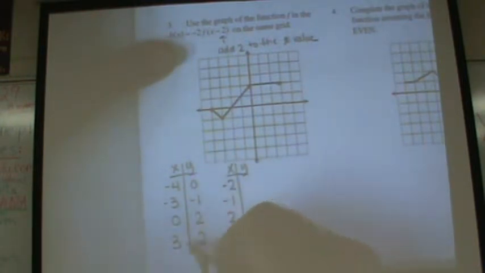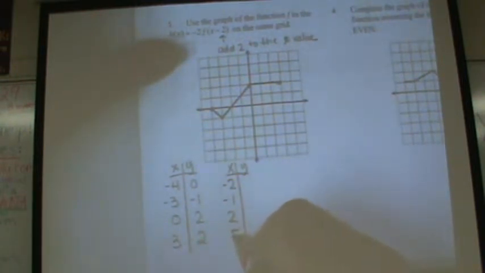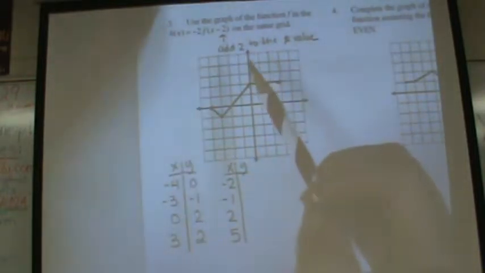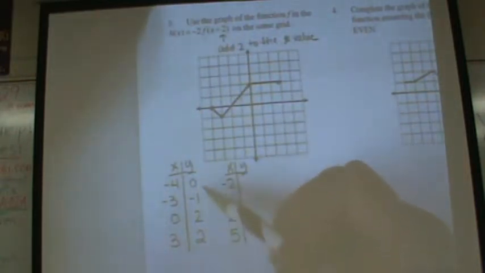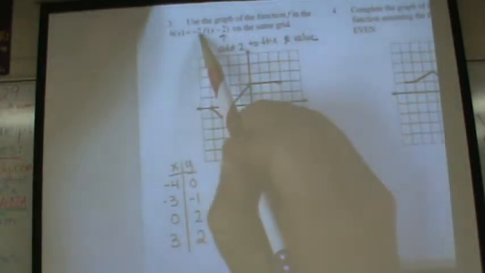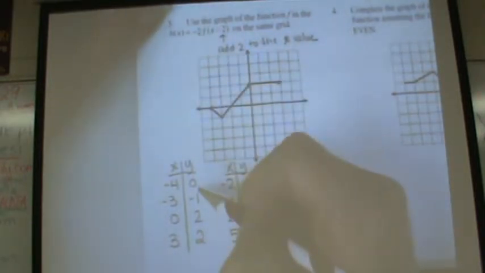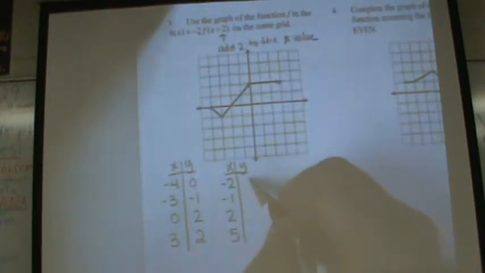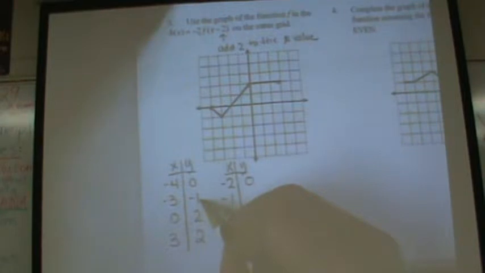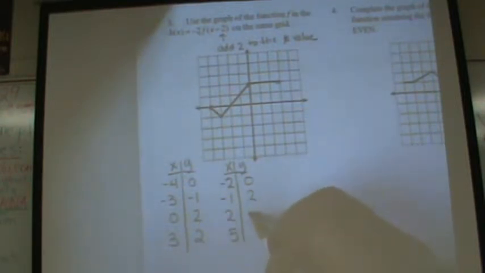Add 2, and add 2. Then you're going to take these values right here and move over here to the c value. And this c value tells you to multiply the y values by negative 2. So if you multiply these by negative 2, you get 0. If you multiply this by negative 2, you get 2. Negative 2, you get negative 4, and then another negative 4.